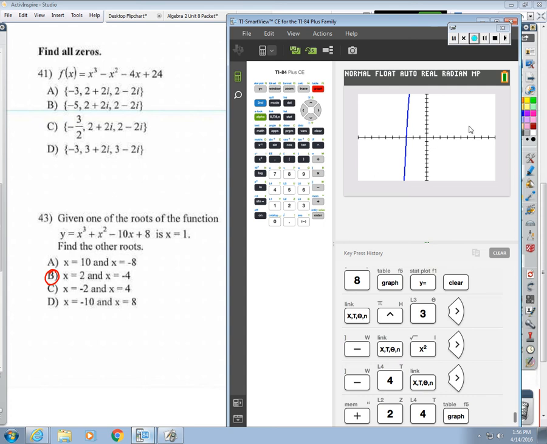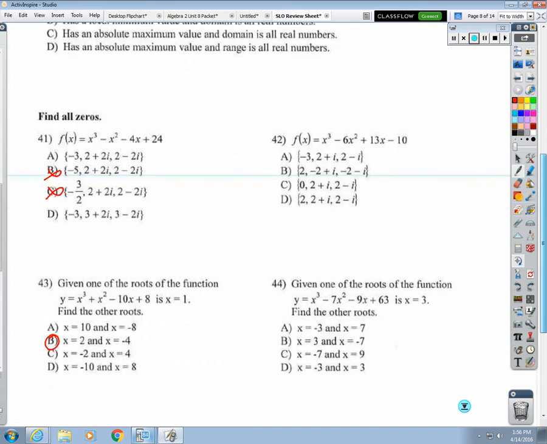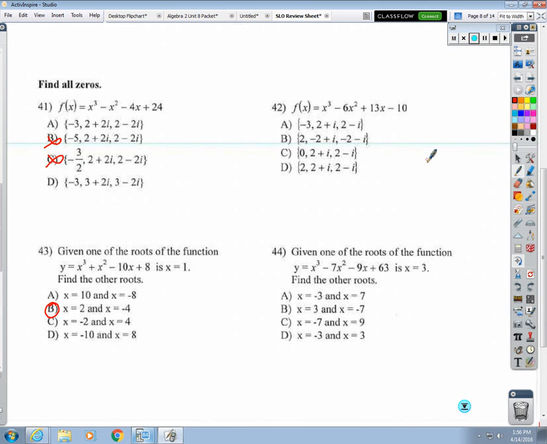Where's the one real solution? -3, which rules out B and C. Okay, so you could at least narrow it down by finding the one real solution. Now the process of finding the two imaginary solutions is synthetic division to start. You put -3 in the box, and then you take the numbers from that polynomial, 1, -1, -4, 24, and you do synthetic division.